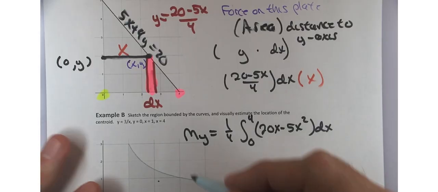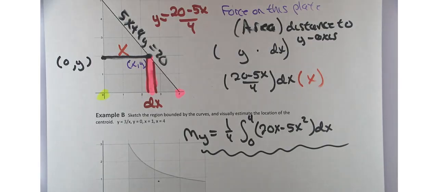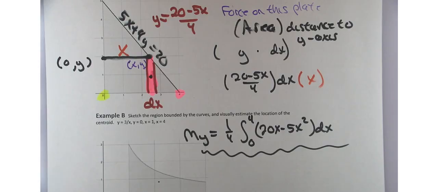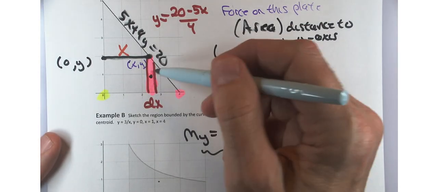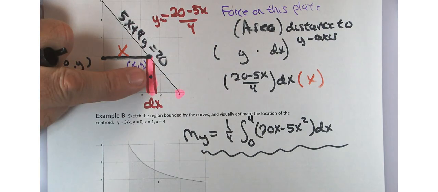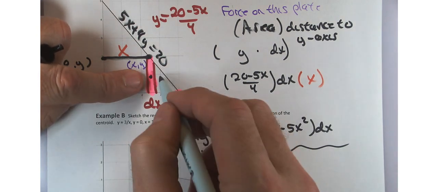Now we've got to do the same thing, except the moment around the x-axis. So it's going to be a little bit different here. Now, I'm not sure exactly how tall this is, but because this is of uniform density, the force can be thought of as felt right here at the midpoint. So how would I find the midpoint of that?